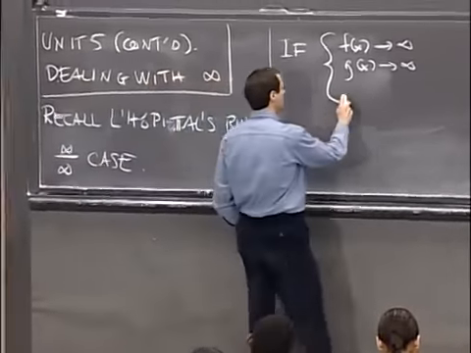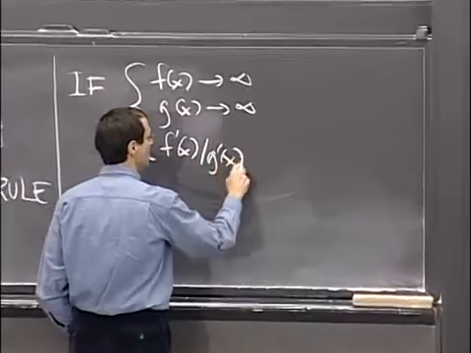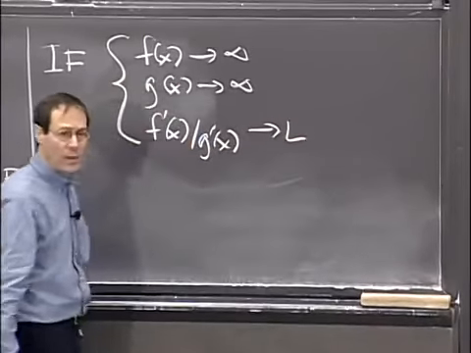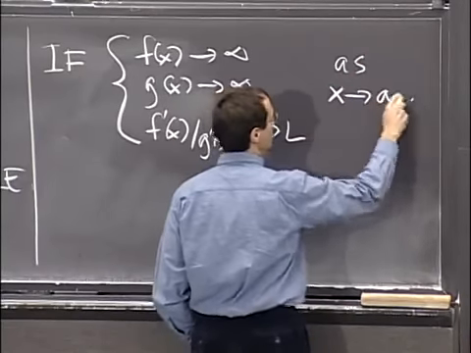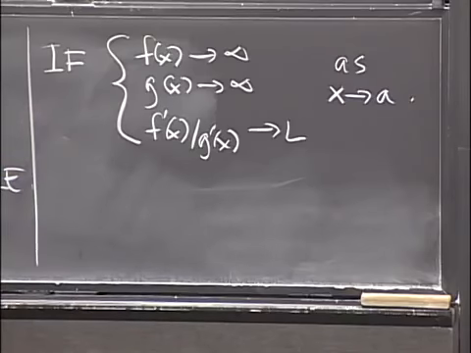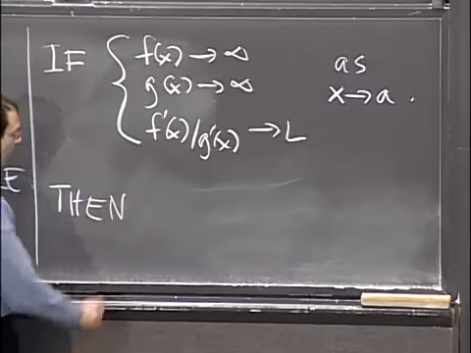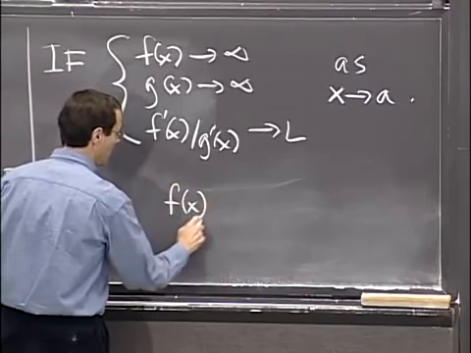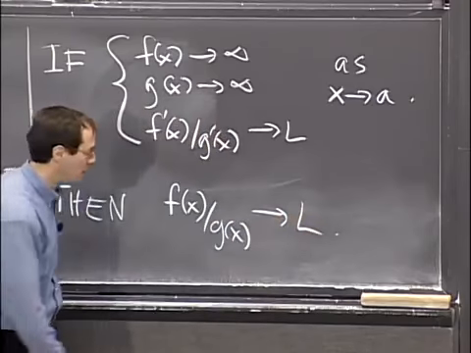And then the last assumption is that f prime of x divided by g prime of x tends to a limit, L. And this is all as x tends to some a, some limit a. All right? And then the conclusion is that f of x divided by g of x also tends to L as x goes to a.